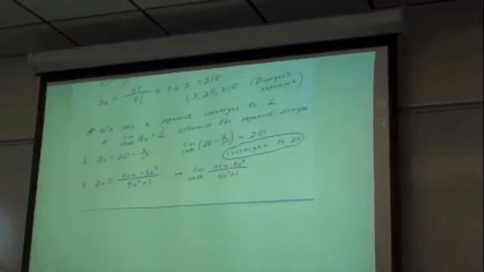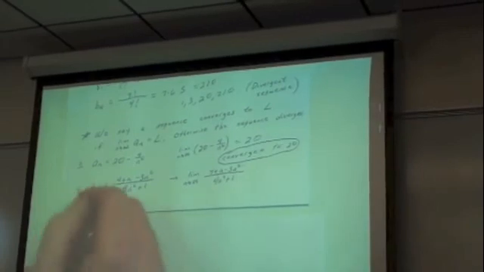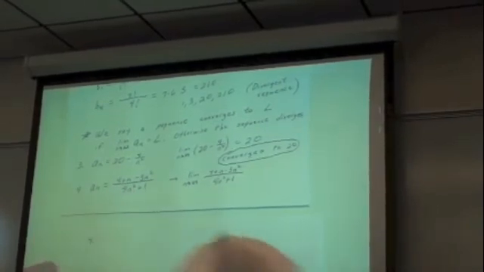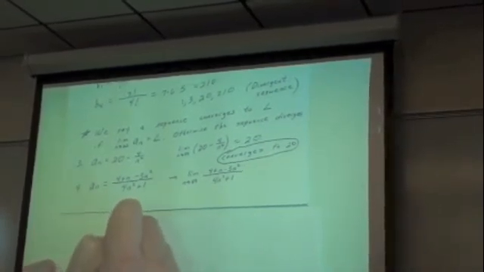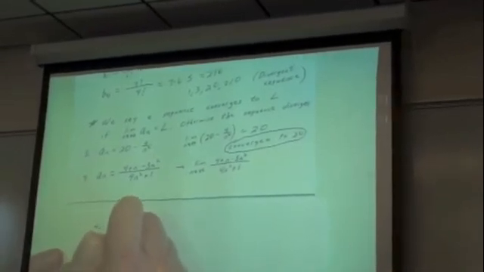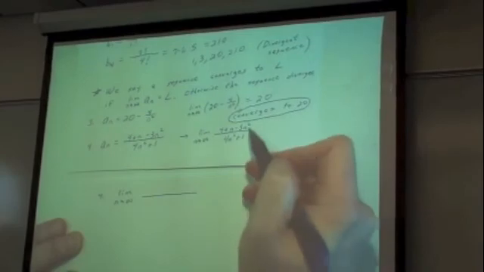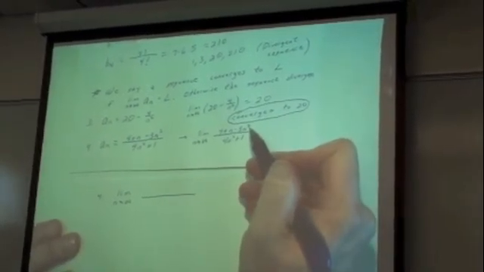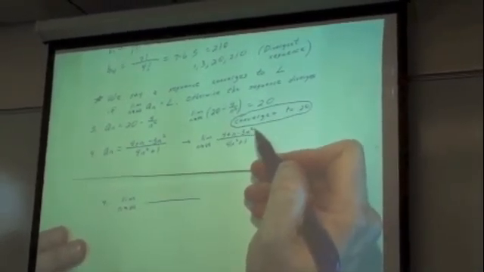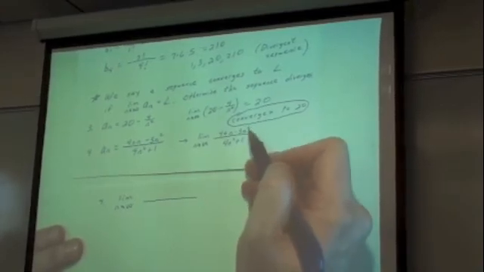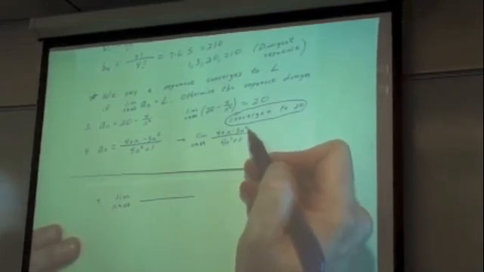To work out number 4 algebraically, I would take the limit as n approaches infinity. Anytime you're in a problem like this with an algebraic solution, when the limit's going to infinity, all you have to do is divide through by the largest polynomial in the problem.